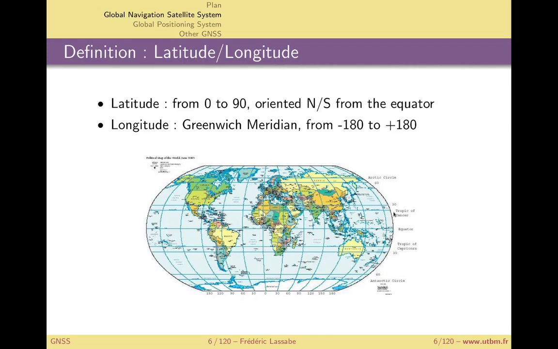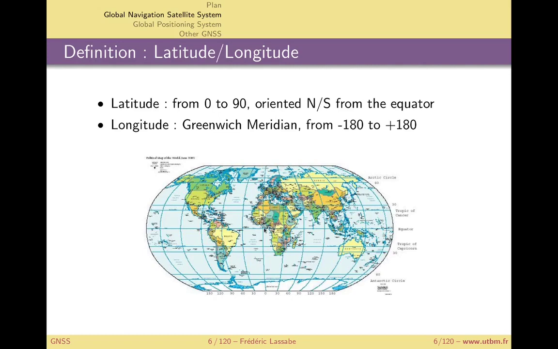Then we'll define latitude and longitude because it's the type of coordinates that GNSS return as a location. So the latitude is in degrees from 0 to 90, oriented north or south from the equator. So here you go to the negative latitude and here the positive. So it's also possible to tell, that's what some systems do, from minus 90 degrees to 90 degrees.